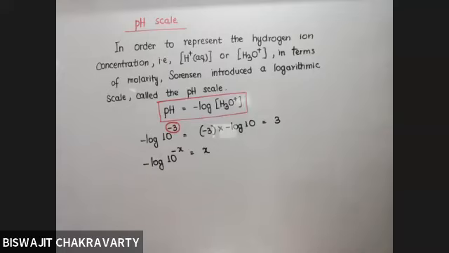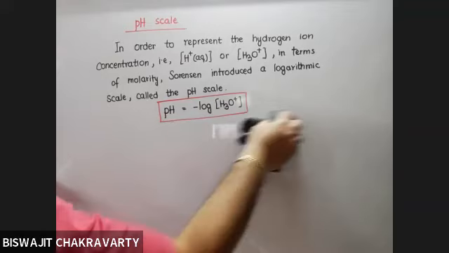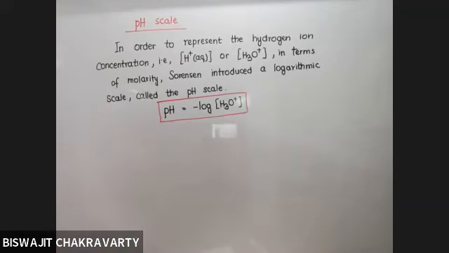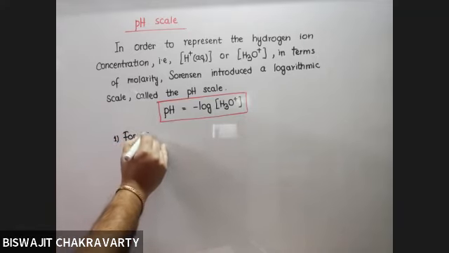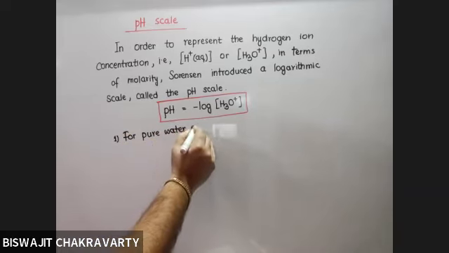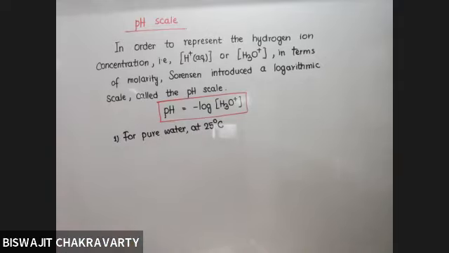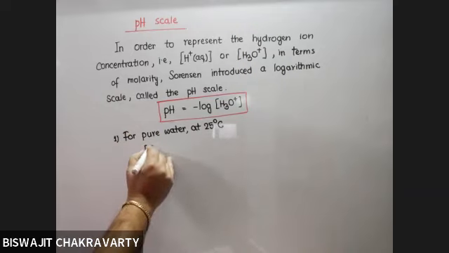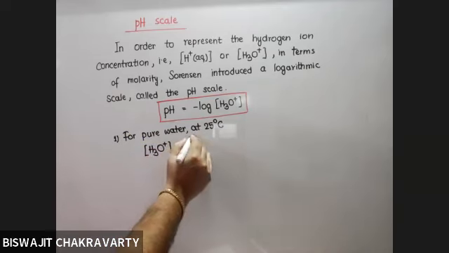So what we are going to do now, number 1, for pure water which is neutral at 25 degrees Celsius, what was the value of H3O plus? 10 to the power minus 7, wasn't it?